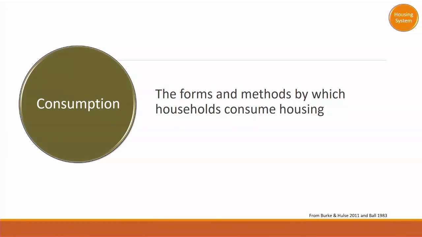The other thing to think about with consumption, in terms of housing policy, is consumption for what? For who? Is it housing for home ownership? Is it housing for investment, which is then consumed through a rental product? There's another layer there.